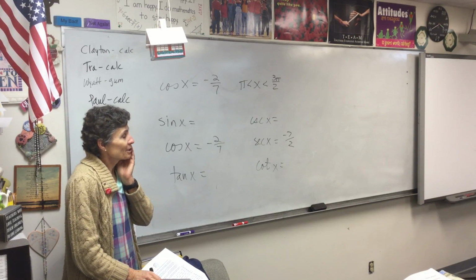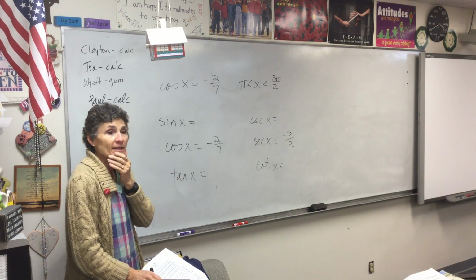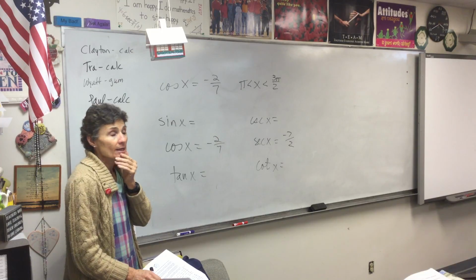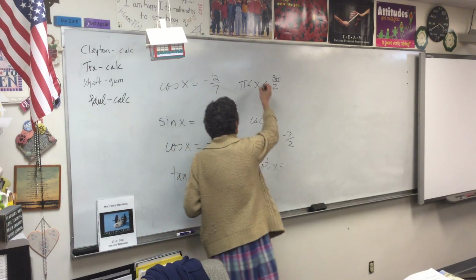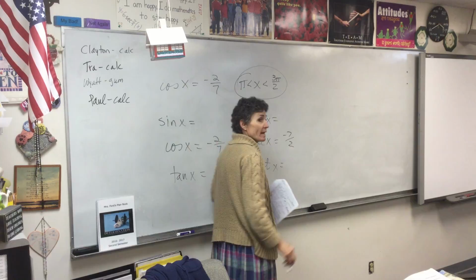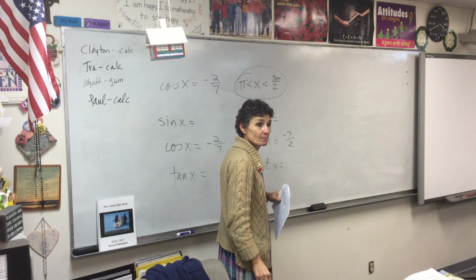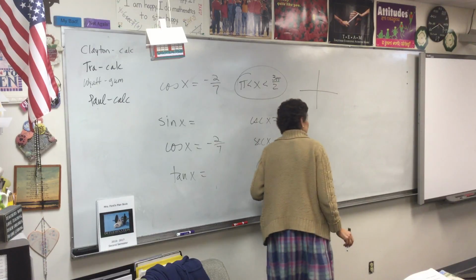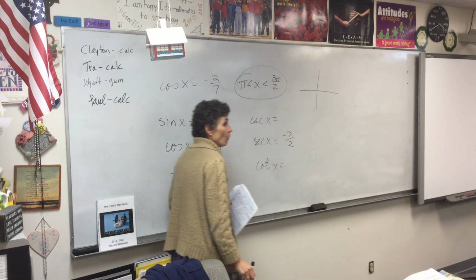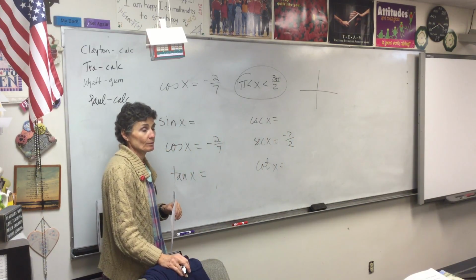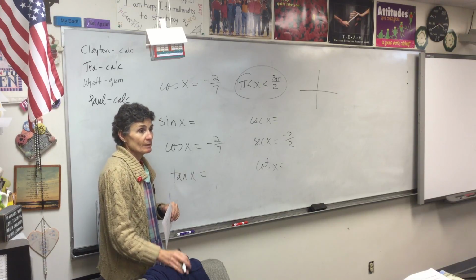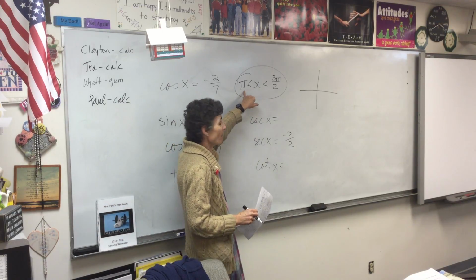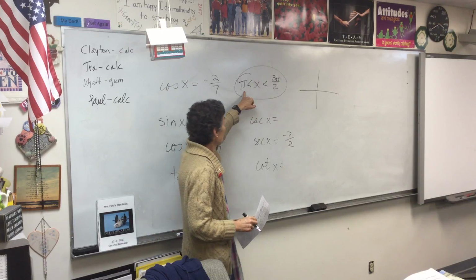Now, what do you think we ought to do? Make a triangle. And the triangle we make is going to be where? I heard 2, 4, 1, and it's going to be 3. 4. This tells me where it fits. What's pi? 180.